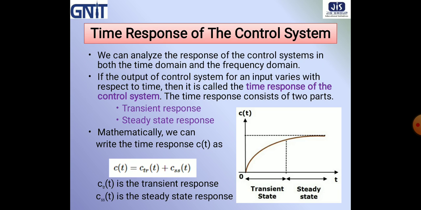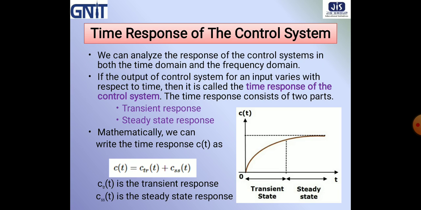Before going to transient response and steady state response, let us talk about what is transient state and what is steady state for a particular system. Let us take one example: in our room, suppose a fan is first in switched off condition, and then you turn the switch on, then the fan will start rotating from 0 speed to a constant speed.